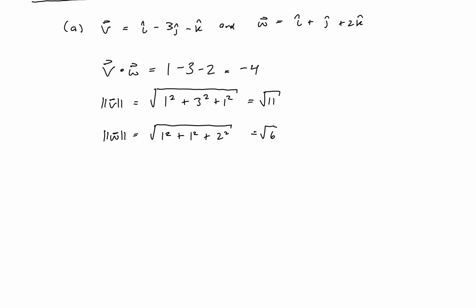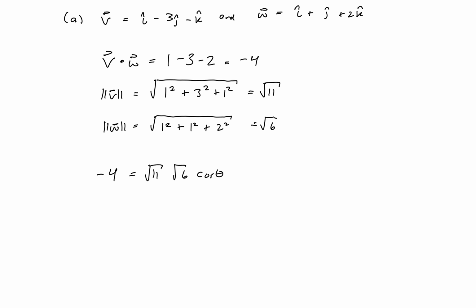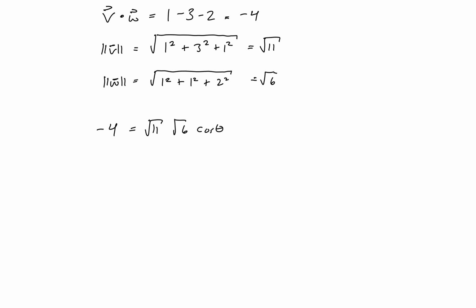So my formula reads minus 4 is equal to square root 11 times square root of 6 cosine theta. So then theta is arc cosine of minus 4 over square root of 66, which is about 1.63 radians, or about 93.47 degrees.